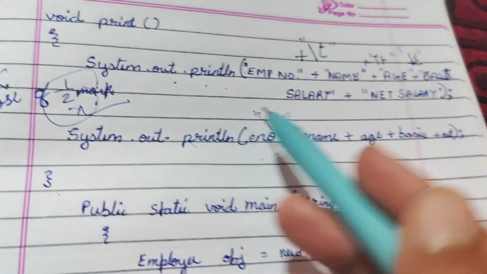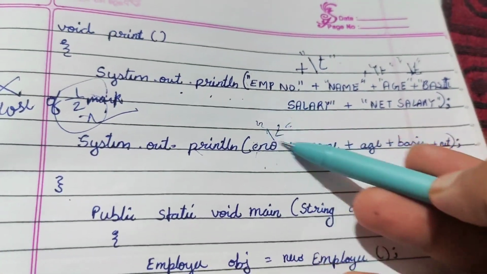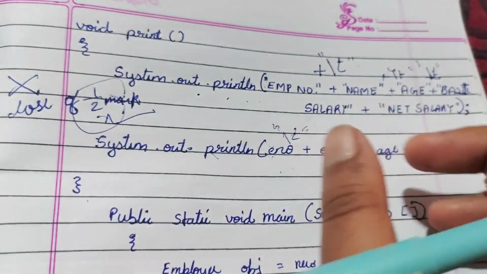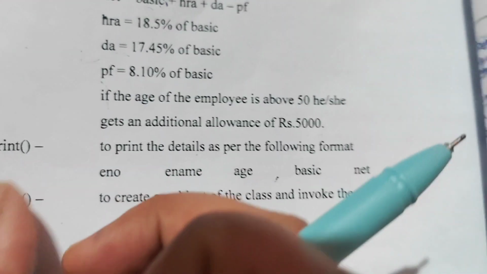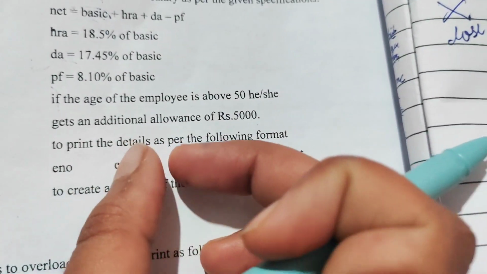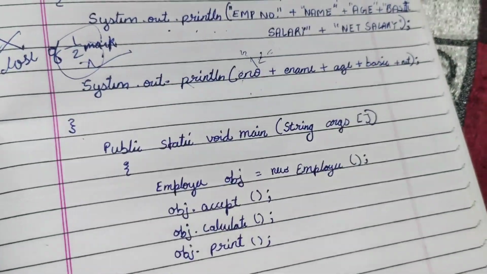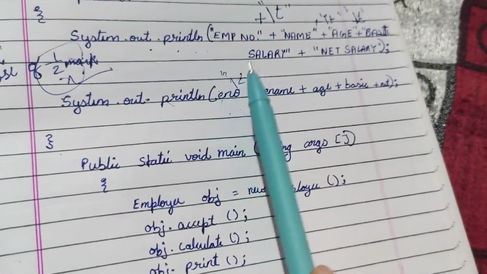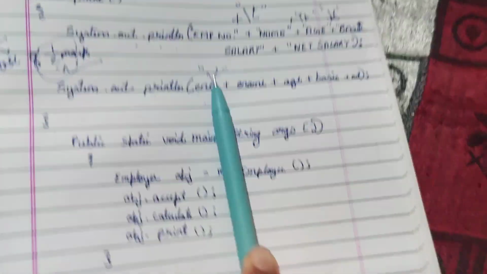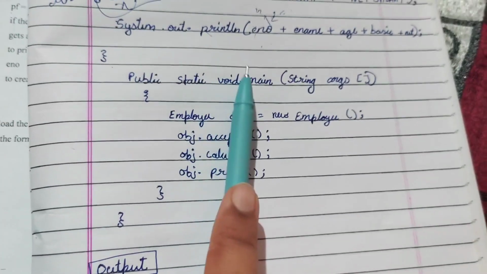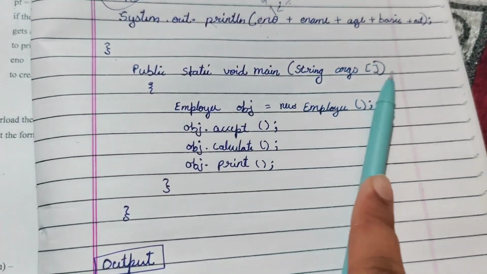Why? Because I have used \t to ensure that it comes with spaces, as in the question they have left some spaces in between. It is very good to use this backslash.